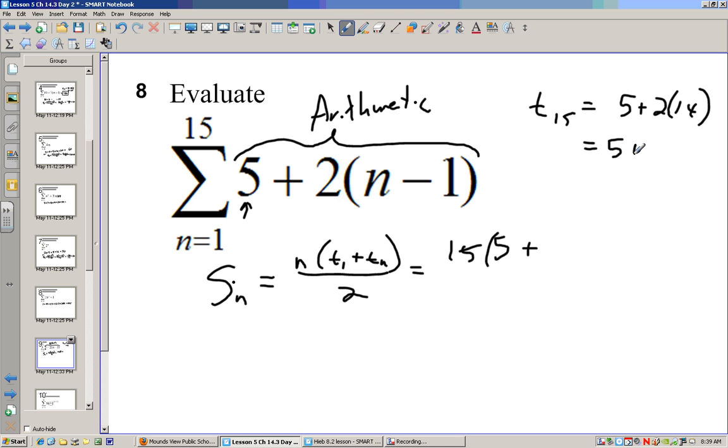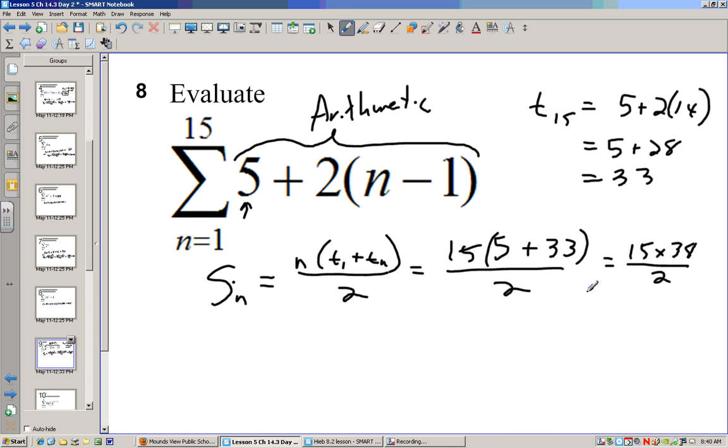So that's 5 plus 28. I think that's 33. Divide that by 2. So we have 15 times 38 all over 2. And I get 285. So S of 15 is 285.